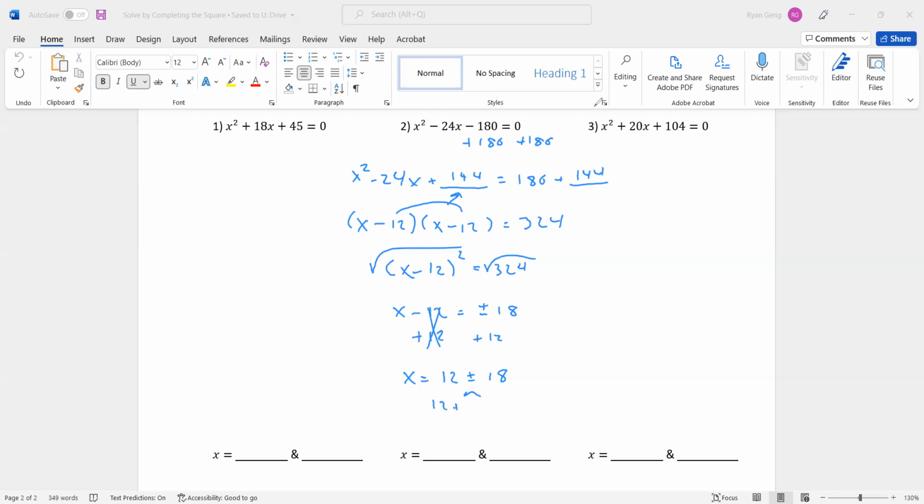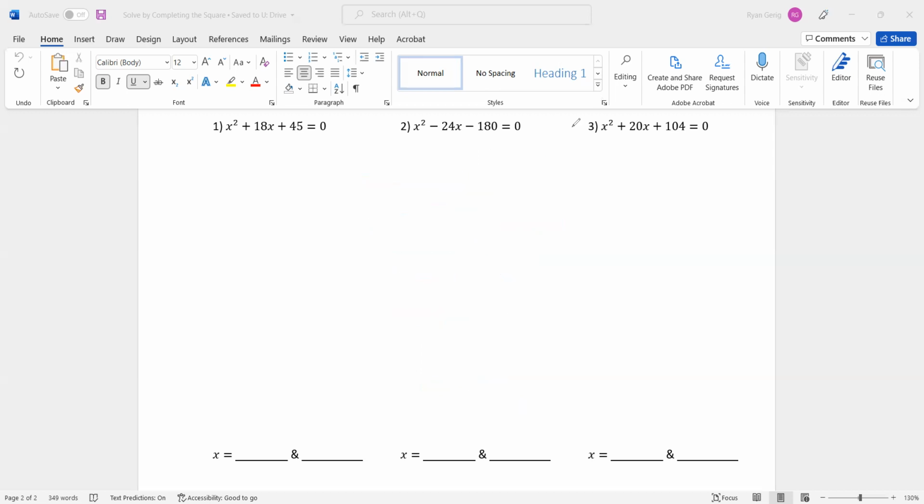So 12 plus 18, 12 minus 18. So 12 plus 18 is 30. 12 minus 18 is negative 6. All right. Looks like a lot of work, but it makes sense to a lot of people, and they find that this is actually a pretty good method.